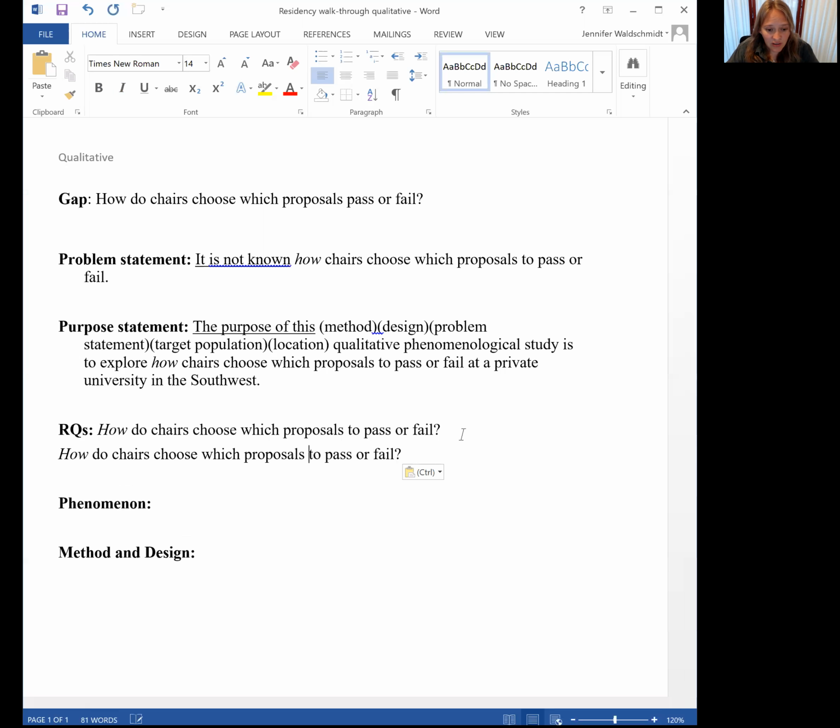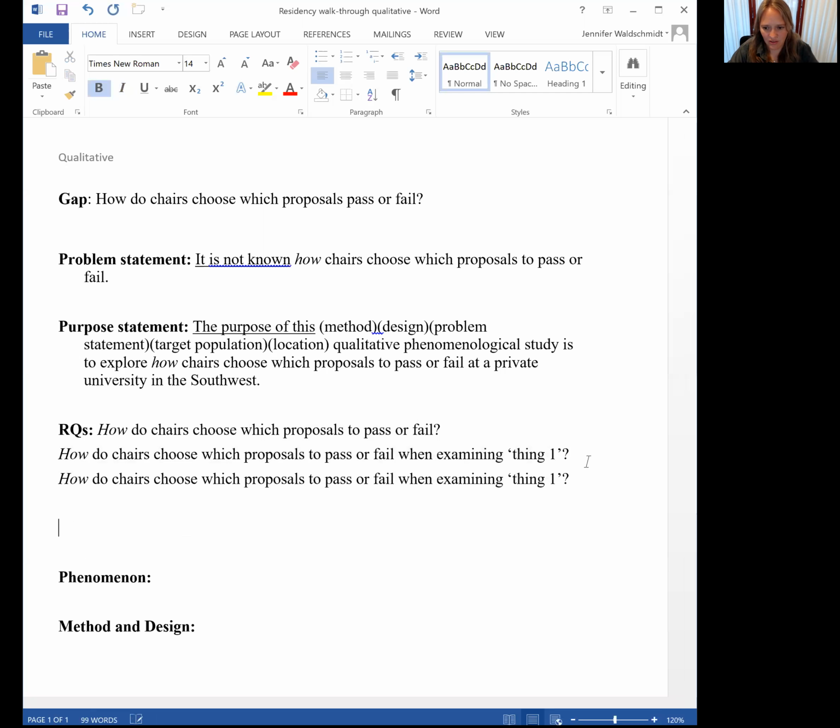How do chairs choose which proposals to pass or fail when examining thing 1, whatever that might be based on theory, and then again, thing 2 and thing 3. So these things here are really being driven by our theoretical framework, because again, there has to be a clear alignment between our theory and our research questions.